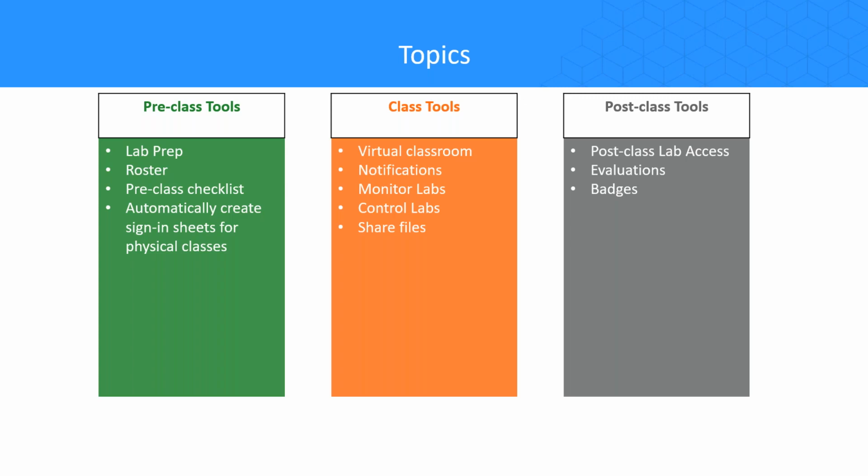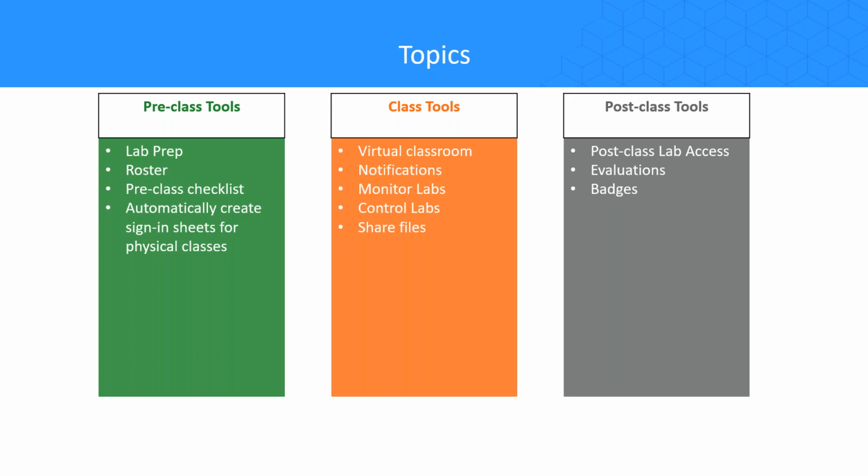The pre-class tools include things like lab preparation. You can do your labs before you actually get into the classroom. Roster management, being able to see what students are actively enrolled, which ones have already taken classes.